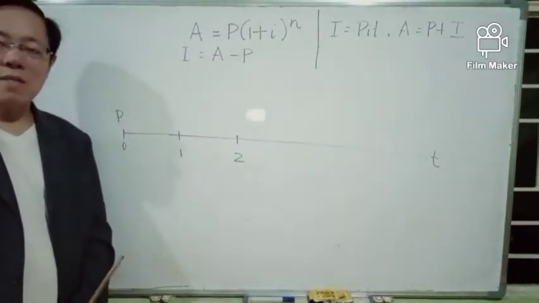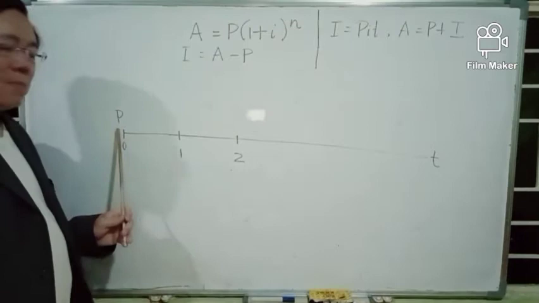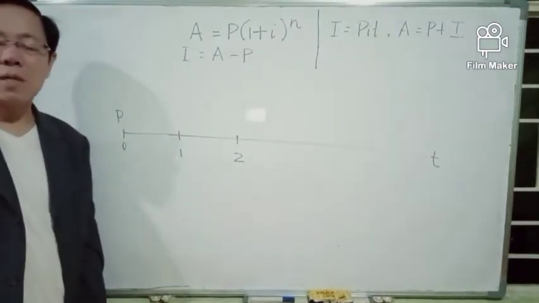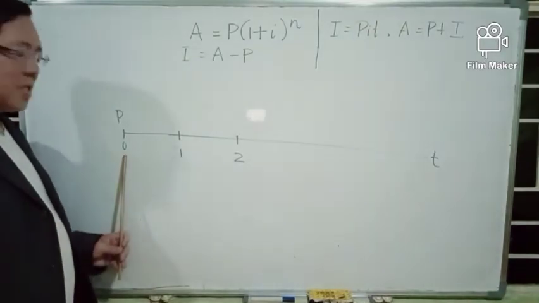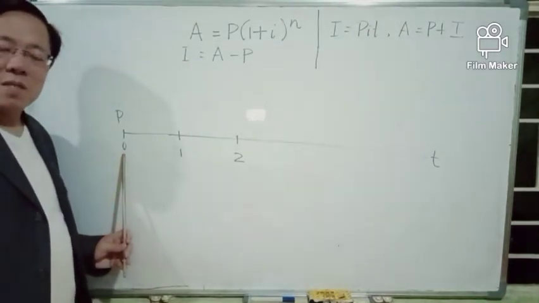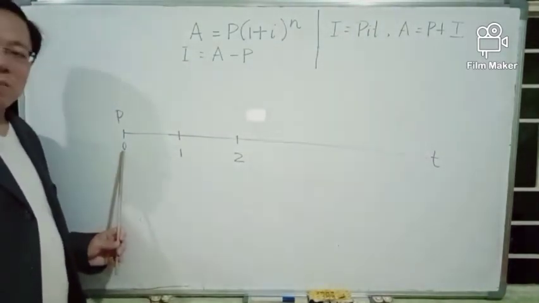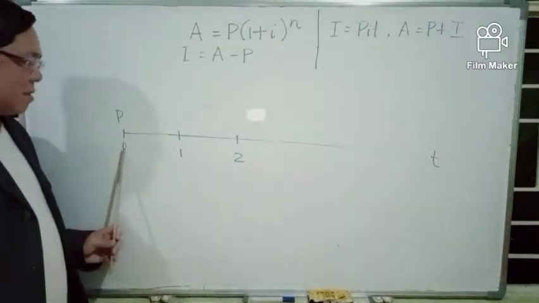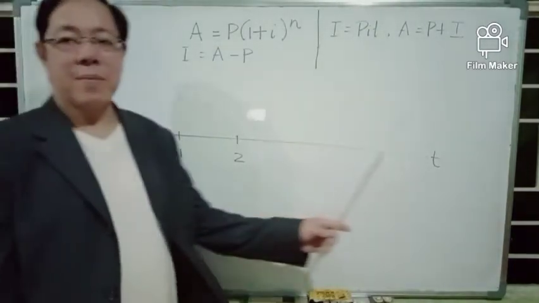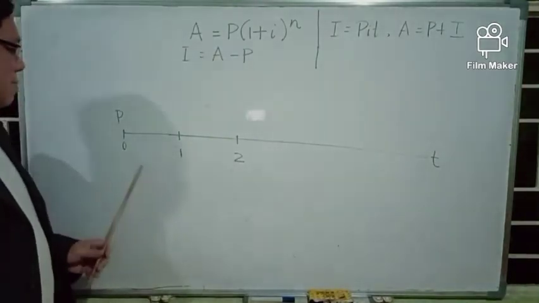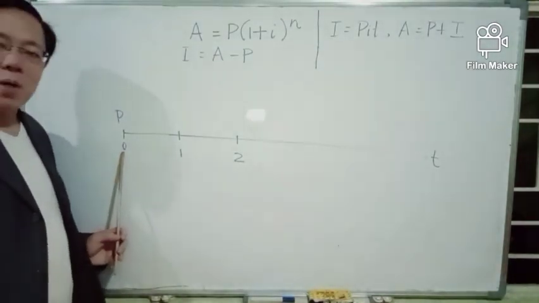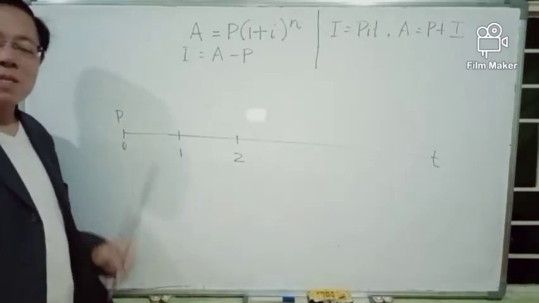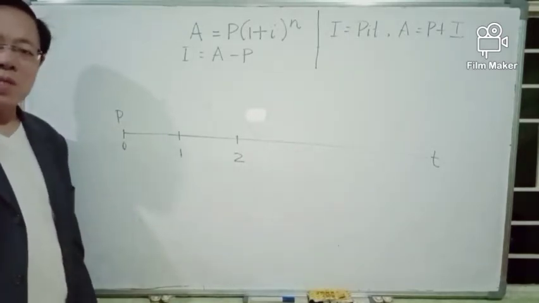Initially, the amount invested is denoted by the capital letter P, known as principal. And the time at which the principal P was invested is indicated by the point t equals 0. This is our timeline in years. So initially at the point t equals 0, we made an investment equal to P, principal.